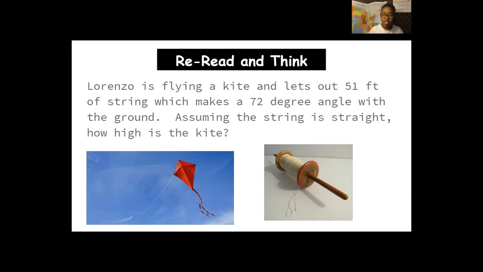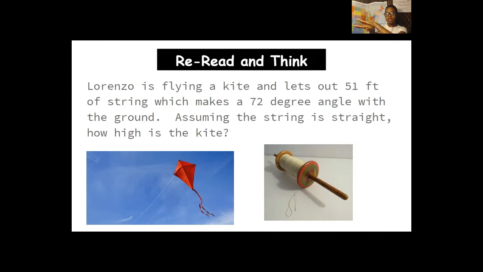So Lorenzo ended up letting out 51 feet worth of the string, and it made a 72-degree angle with the ground. So if we think of Lorenzo right here where my hands are touching, the kite is where my fingers are, and the ground is this hand. So here is the angle, right at the opening.